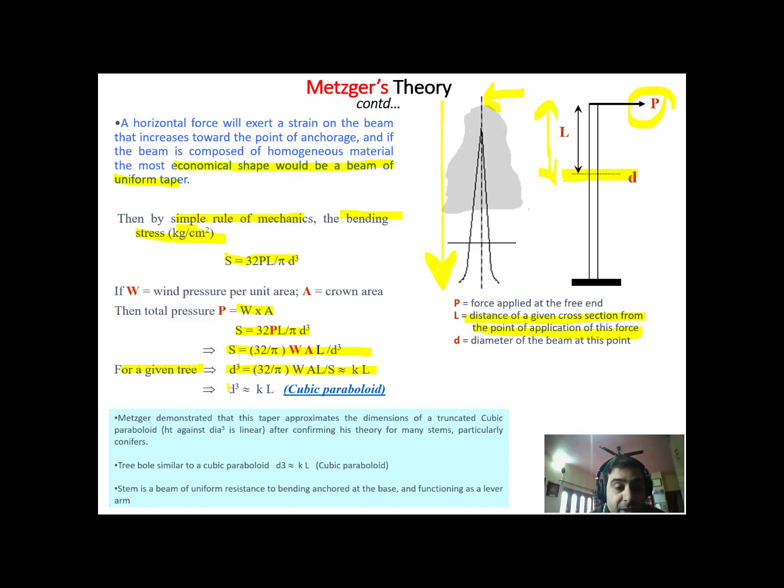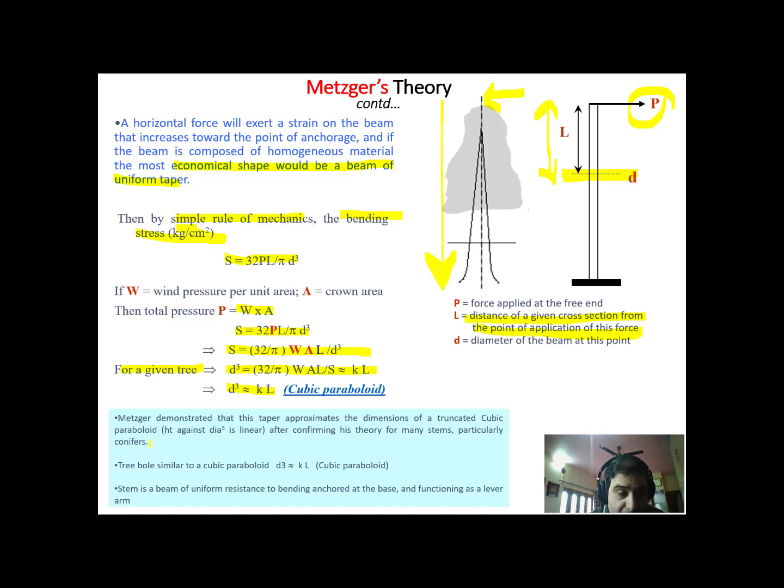So we can say d cube is equal to KL, which is nothing but similar to the equation of a cubic paraboloid. So, under the circumstances, to withstand the pressure of the wind, the most economical and resistant form of stem has to be a cubic paraboloid.